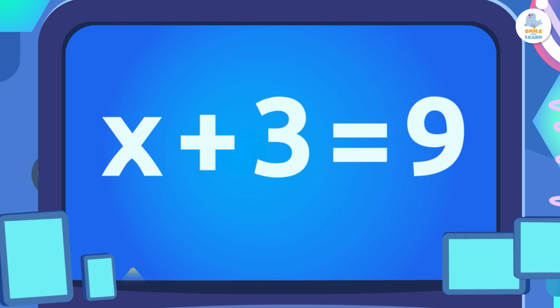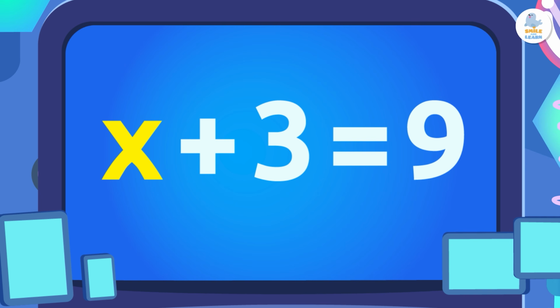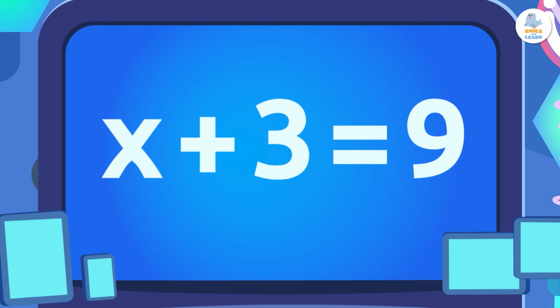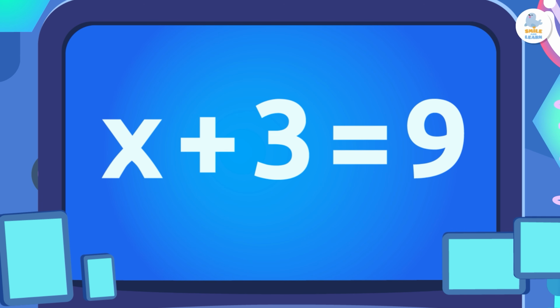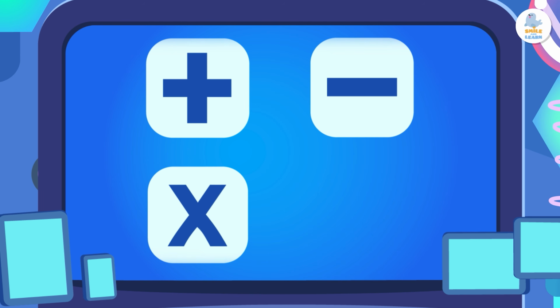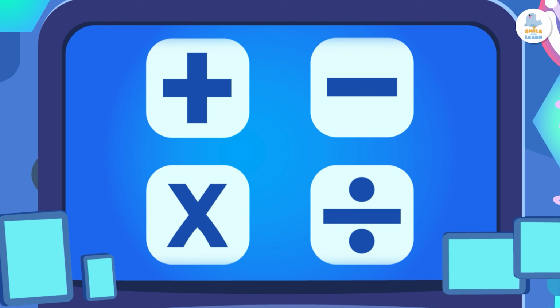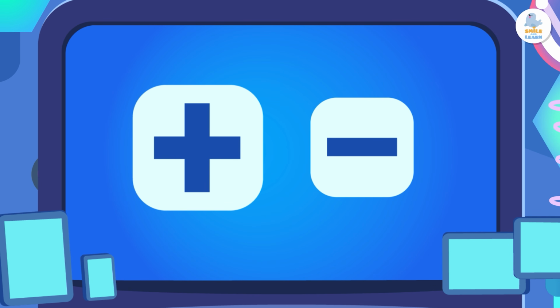When we say that we are going to solve an equation, we mean that we are going to find the value of the variable, that is, the value of x. In order to find the value of x, we use mathematical operations like addition, subtraction, multiplication, or division. Today we're going to learn how to solve equations with addition and subtraction.